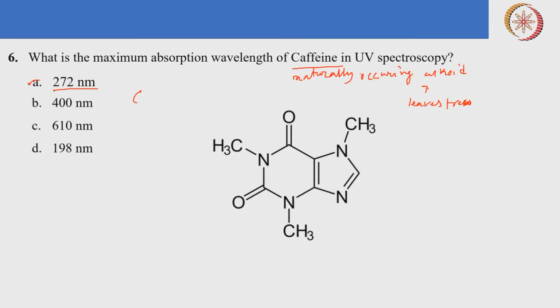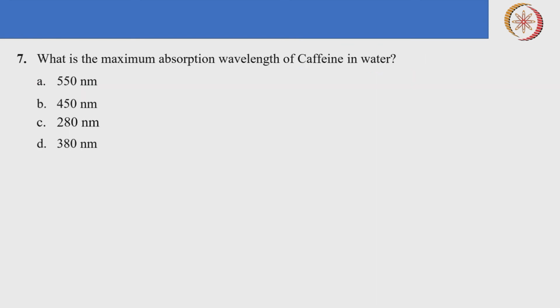The characteristic absorbance peak of caffeine is 272 nanometer. This is the structure of this compound, and its epsilon value is around 1000.